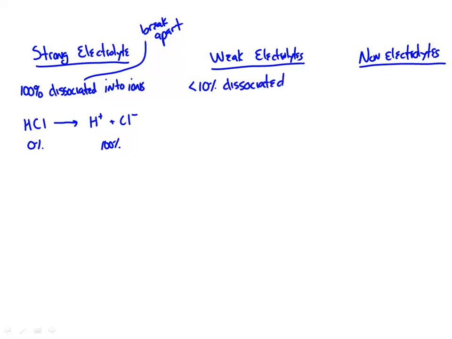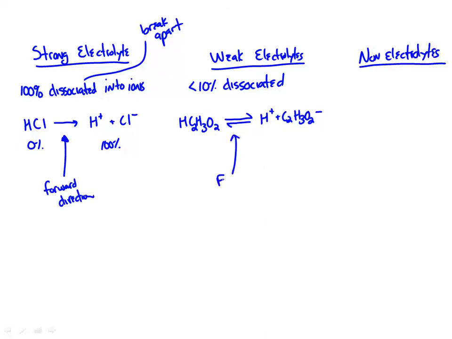And so the way we write weak electrolytes, like HC2H3O2, is we write them as an equilibrium. Notice the reaction arrow in the earlier example is simply the forward direction. Here we're writing it as an equilibrium, because really there's substantial amounts of both in there.